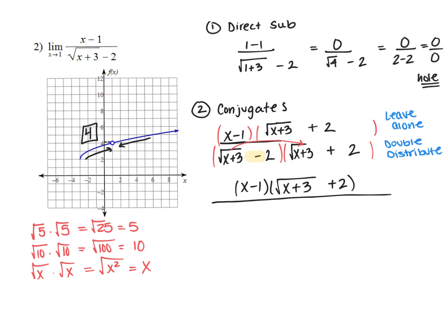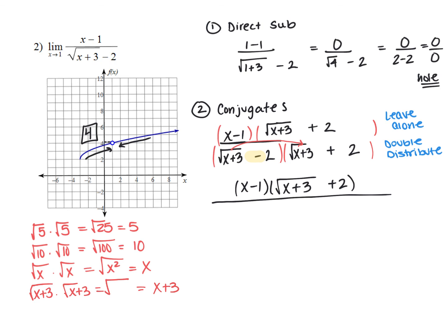So if we follow the same pattern, I multiply a radical by itself, it becomes back one of the things under the radicals. So if we did that with rad x plus 3 times rad x plus 3, I don't need to know what this is. All I need to know is that it will come out to x plus 3.